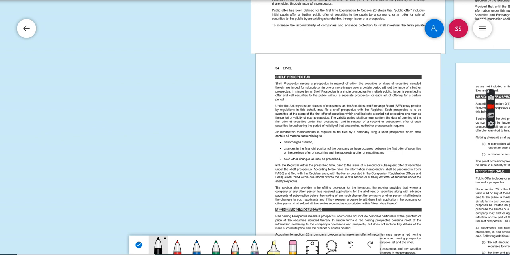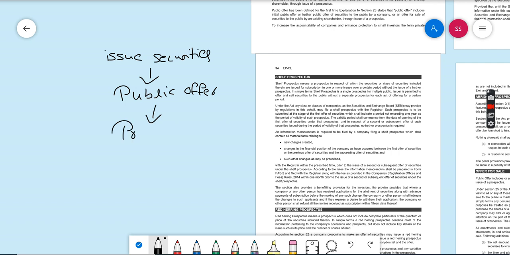So it will issue securities. A public company issues securities, as we discussed, by public offer, by issuing a prospectus. Prospectus is nothing but the company inviting the public to subscribe to its shares, right?